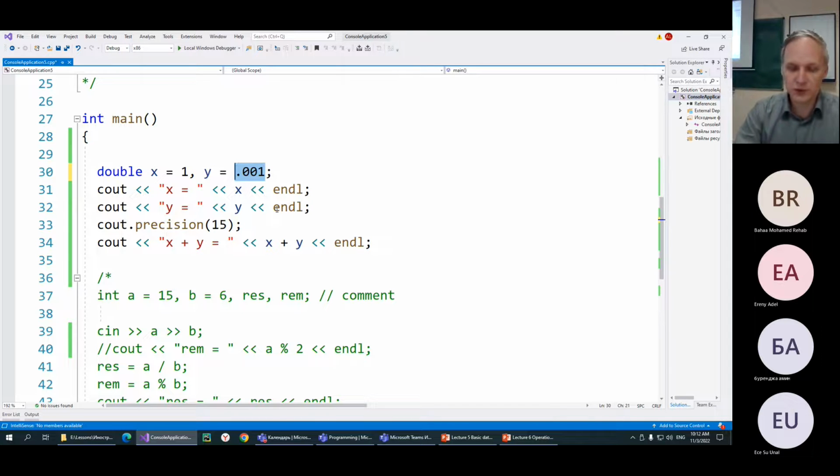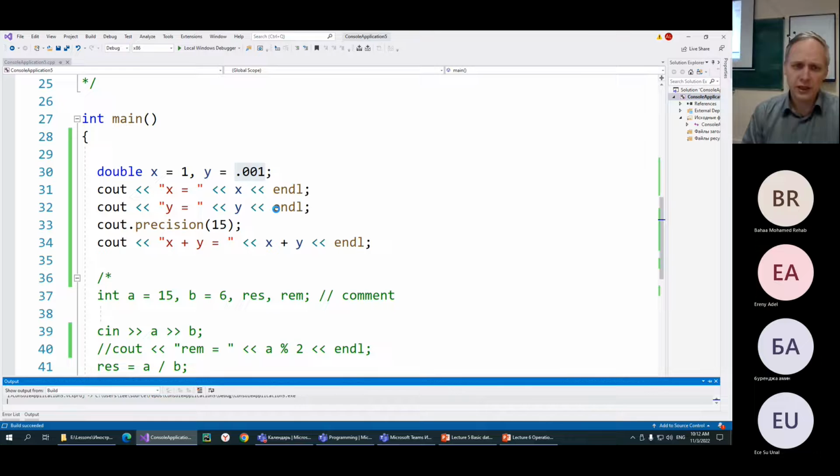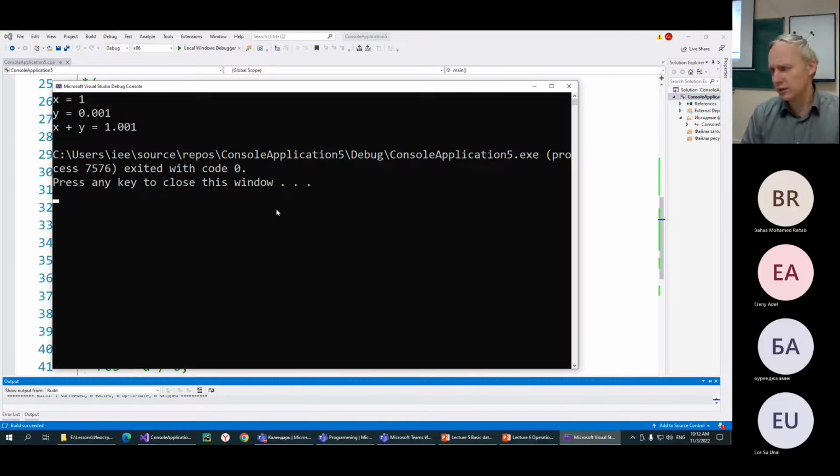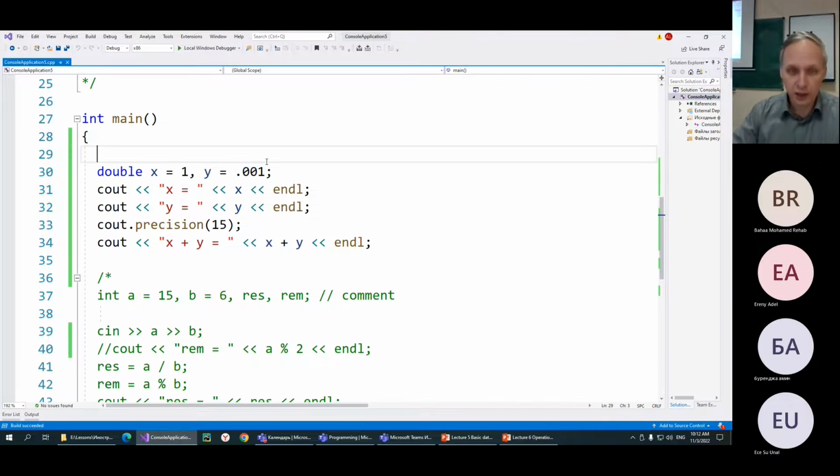You can skip the 0, and the compiler understands that this is 0.001. And also, I told you in a previous lesson that if you type it just as a 1, it is considered as an integer 1.